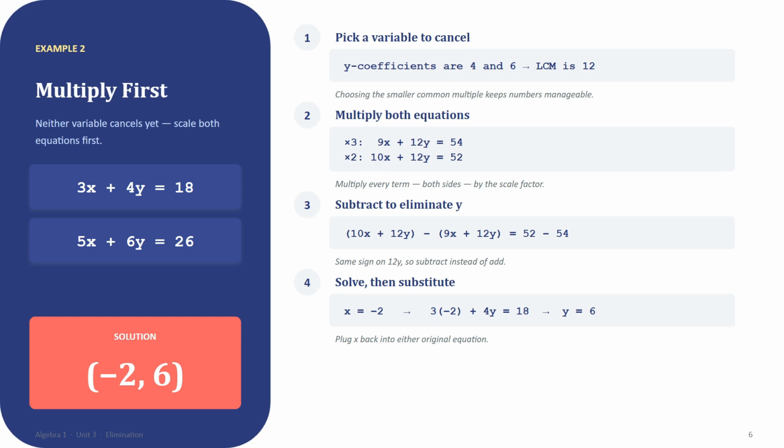Then we solve and then substitute. x equals negative 2, and then we substitute x with negative 2, so 3 times negative 2 plus 4y equals 18. That comes to y equals 6. The solution is negative 2, 6, where negative 2 is the x value and 6 is the y value.